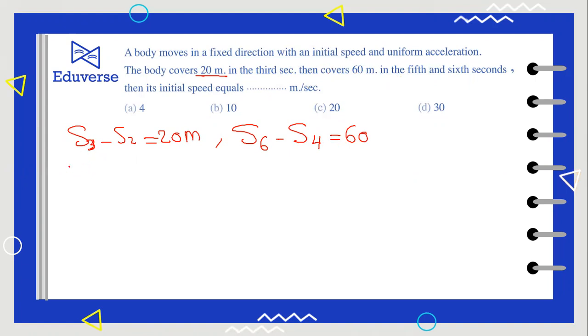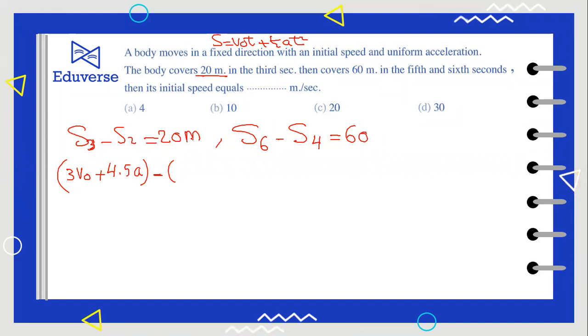S3 equals what? I know the rule is equal V naught T plus half AT square. V naught T, T here is 3, so 3 V naught plus half AT square. T square here is 9, so 4.5A, minus S2.